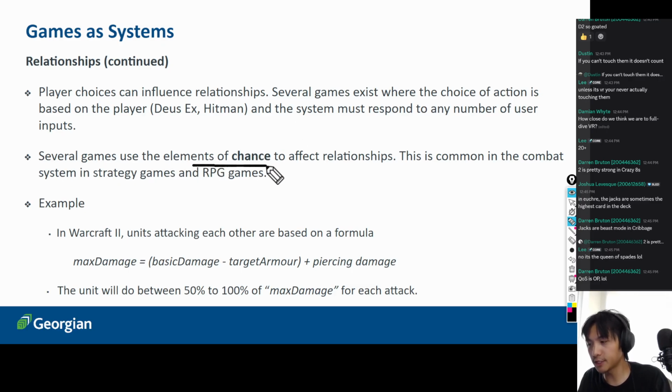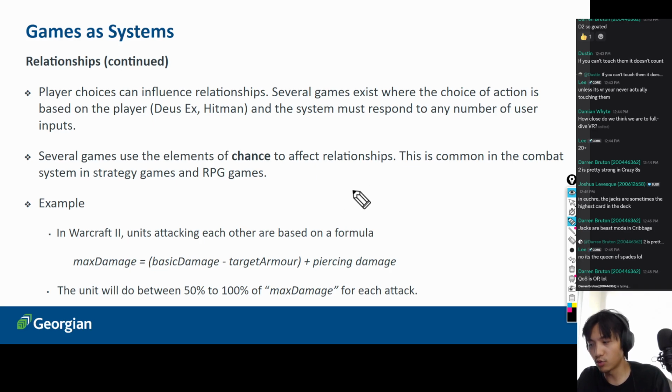Sometimes we use elements of chance. A lot of role playing games use elements of chance, and strategy games can also use elements of chance. So, for example, in the strategy war fighting game Warcraft 2, you can train soldiers, and they can fight each other.